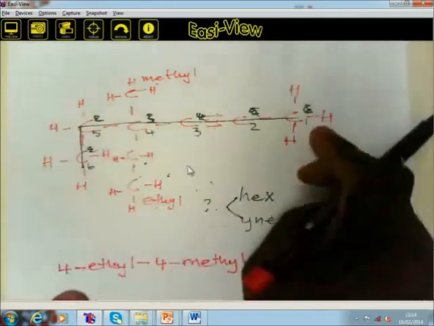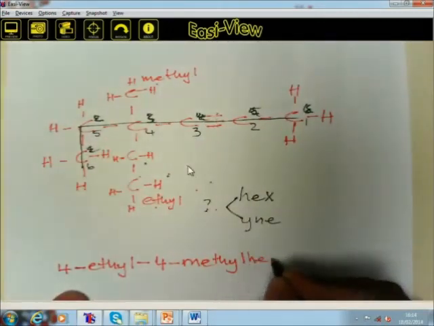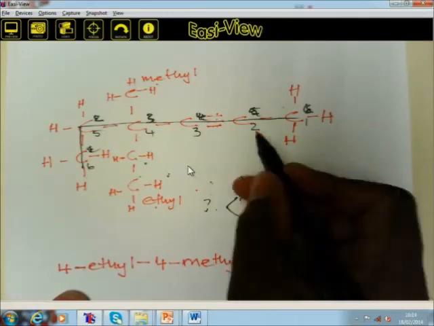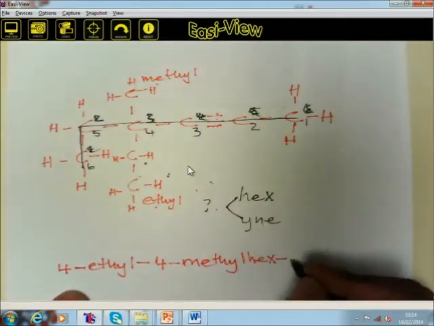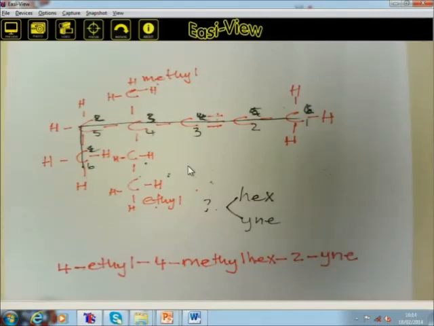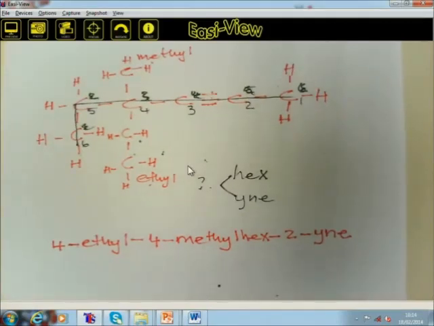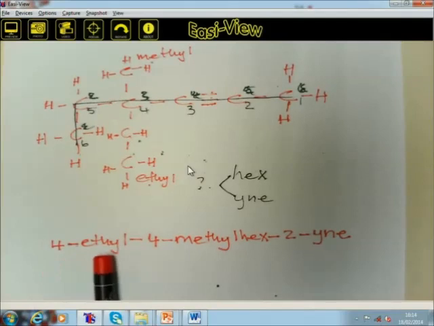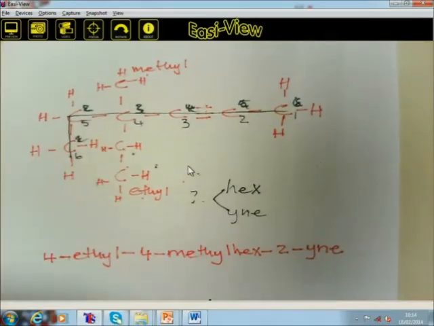And then I've got 6 carbons, hex, dash, after carbon number 2, I've got a triple bond. All right. So the name for this compound is 4-ethyl-4-methylhex-2-yne. That's the name of this compound.